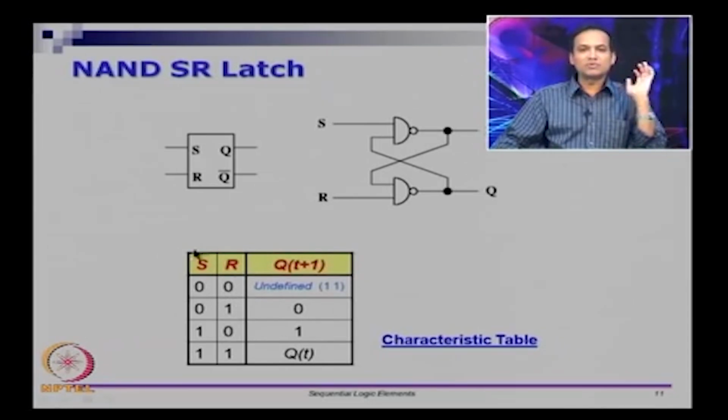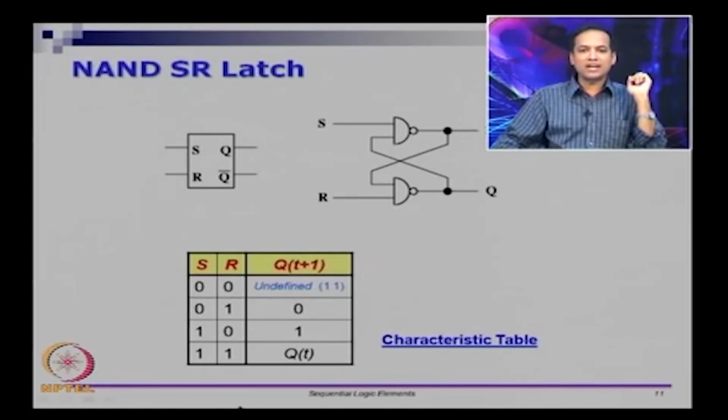So this is the difference between an SR latch based on NAND versus an SR latch based on NOR. 0, 0 is undesirable for a NAND based latch, however 1, 1 is undesirable for a NOR based latch.